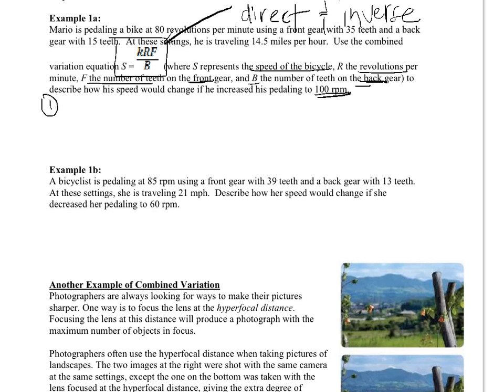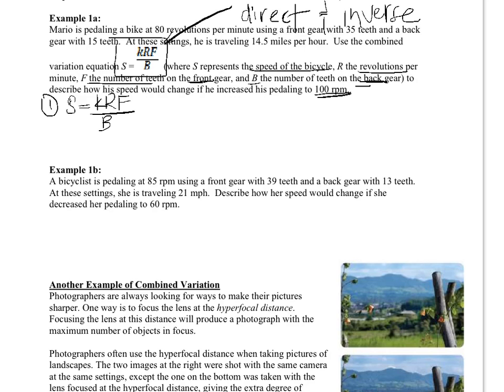So step 1, we're going to say S equals K times R times F divided by B. So R and F are directly related to S, and B is inversely related to S.